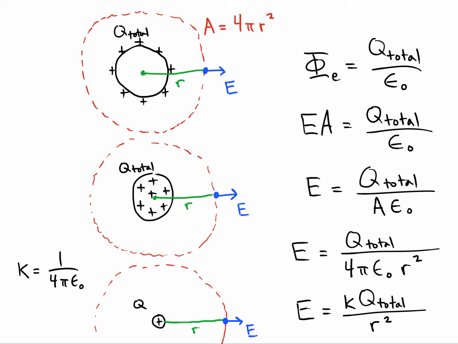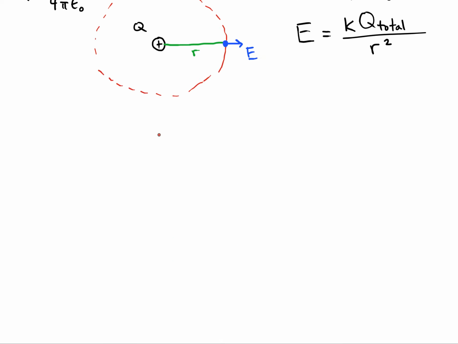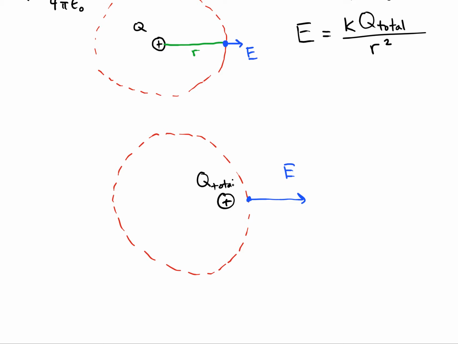Keep in mind, it's only because of symmetry that this idea works. If, for example, we make a Gaussian sphere around charges that are not symmetric about the center here, then the electric field here would certainly be much larger because of the position of the charge within our boundary.